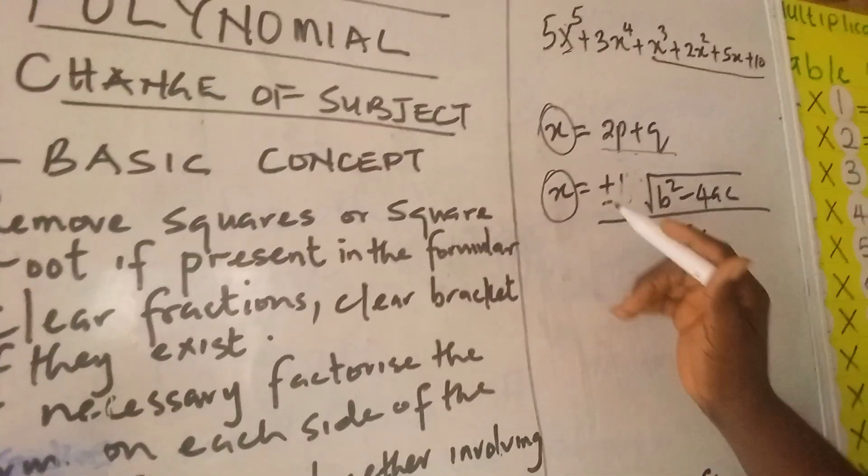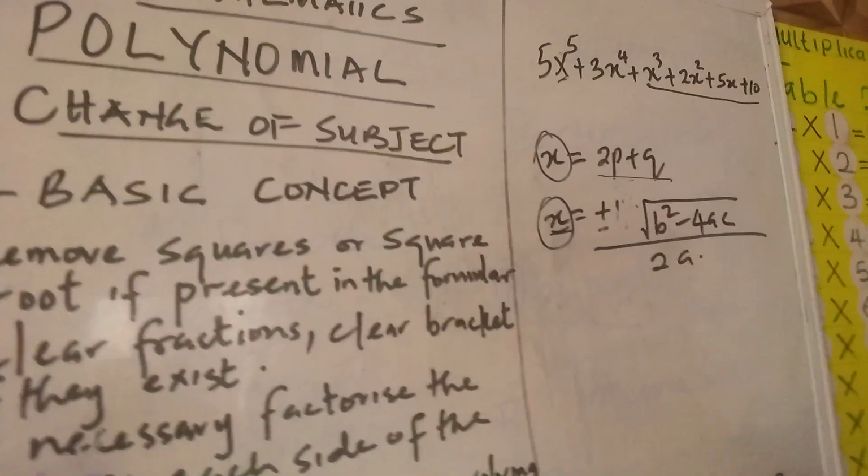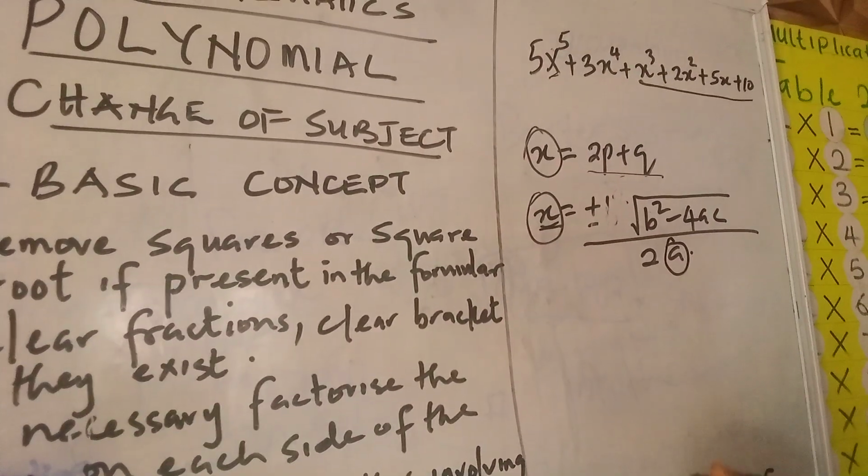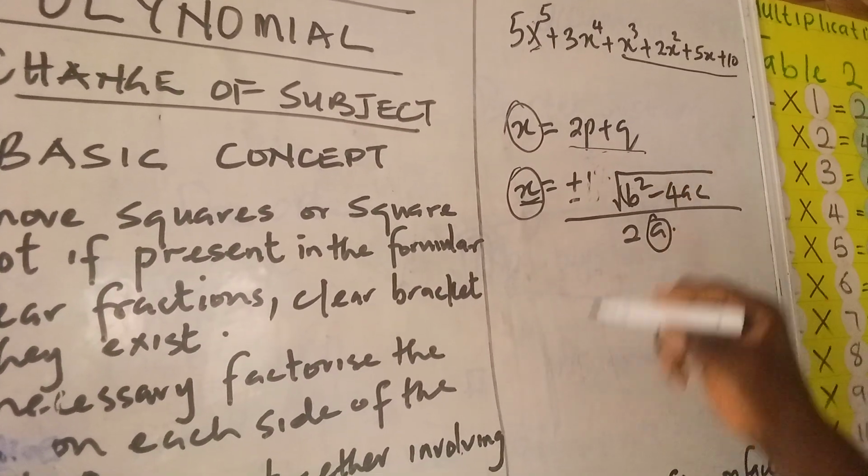What it means is that the variable x in the quadratic equation is equal to that expression. That's the formula, because we have made x here the subject of the formula. We can also make a the subject, or make b the subject, depending on how it is.